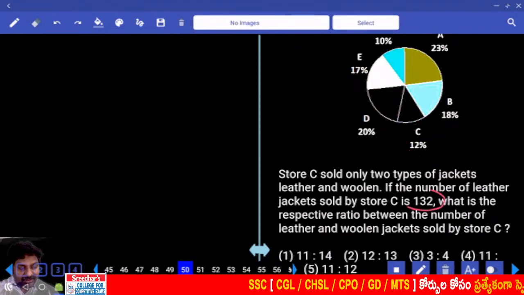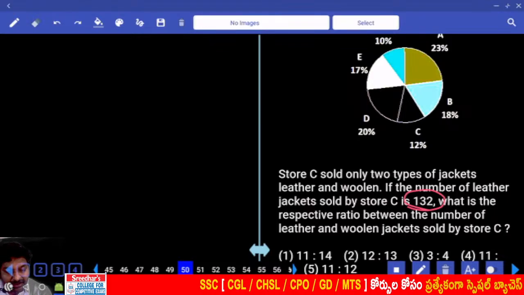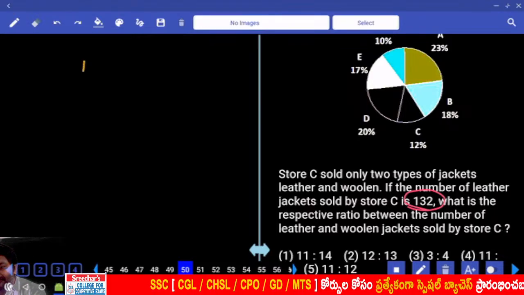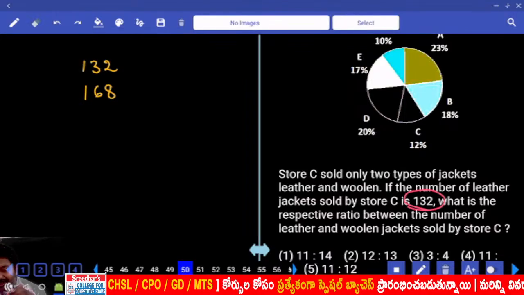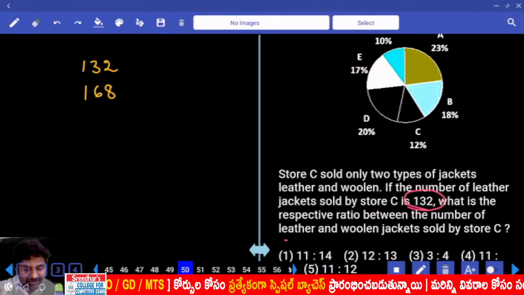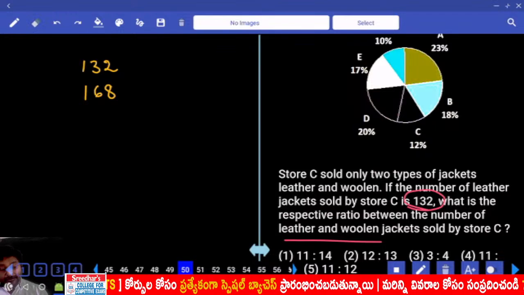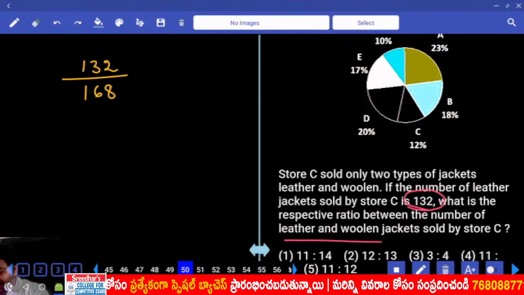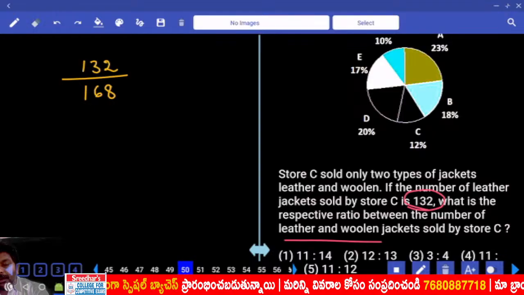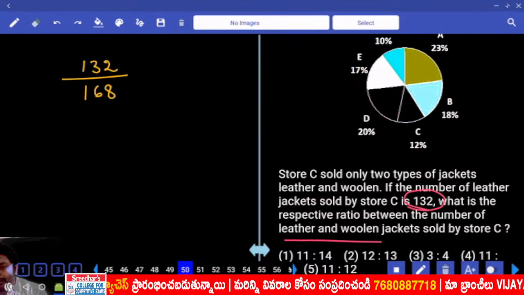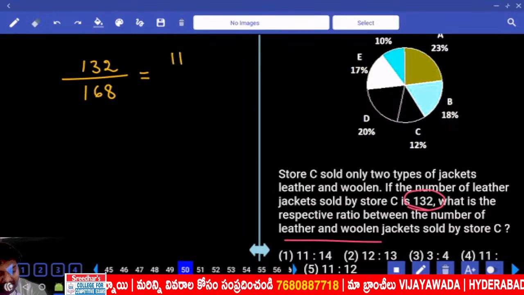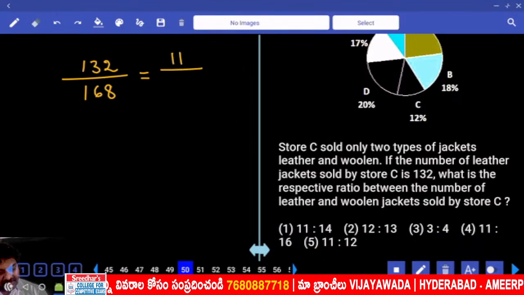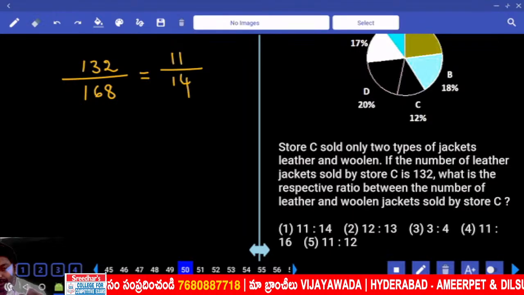Out of 300, 132 are leather. If 132 are leather, 168 are woolen. Order is important. We were asked to calculate the ratio between leather and woolen. So both numerator and denominator are 12 multiples. 12, 11 times, 12, 14 times.